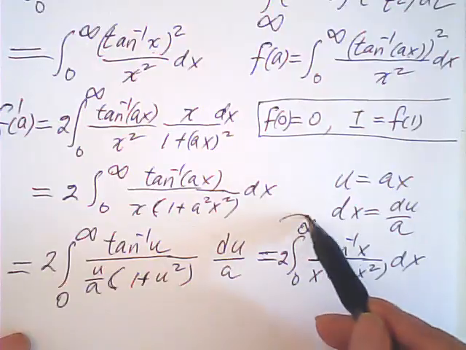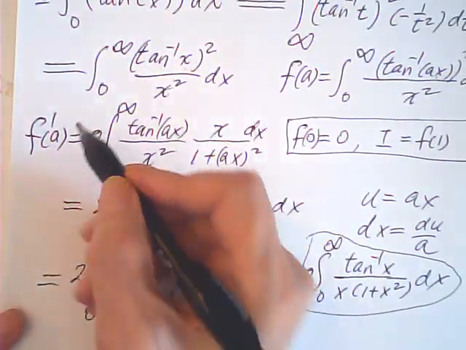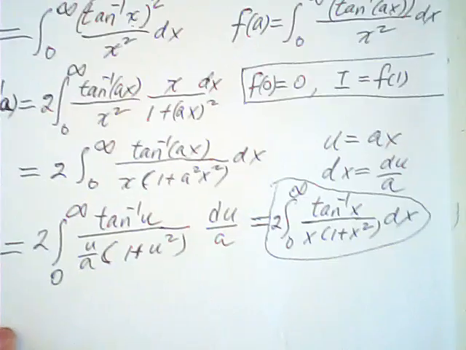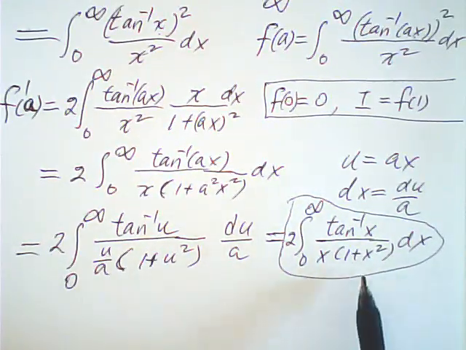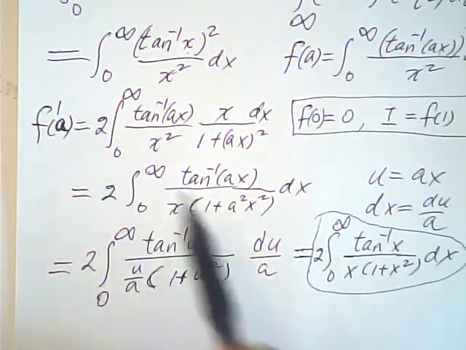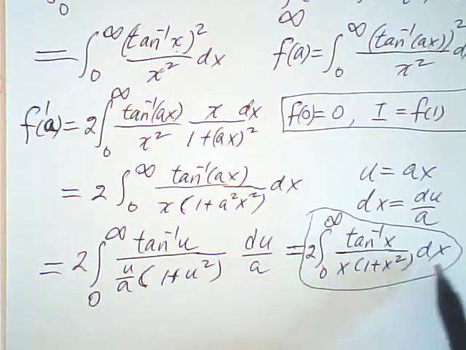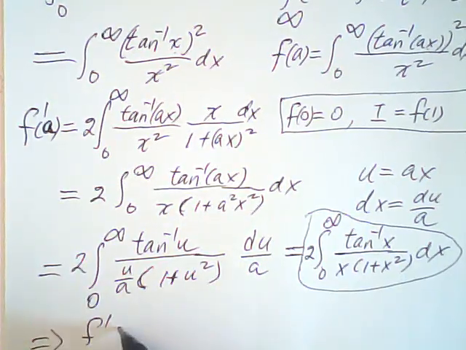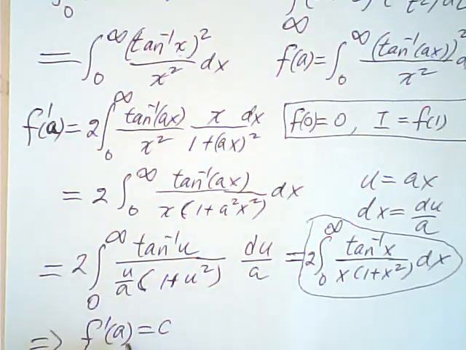So this is my f prime of a. Well, it's interesting that this one has no a, which means f prime of a is independent of a, is free from a, so f prime of a is a constant because nothing to do with its variable.